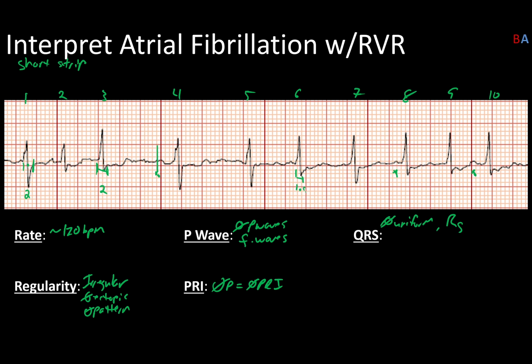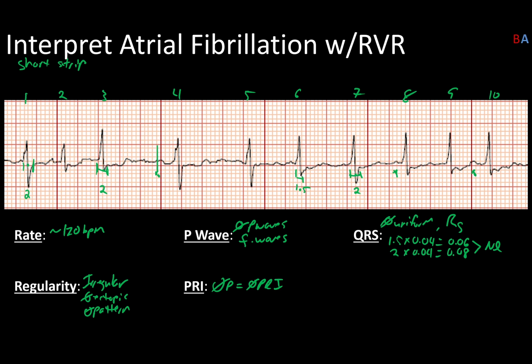That one's 1.5. That one's 2. So they're all just about the same size, anywhere from 1.5 to 2 small boxes, which means regardless, they're all pretty much normal, even though they look a little bit different.